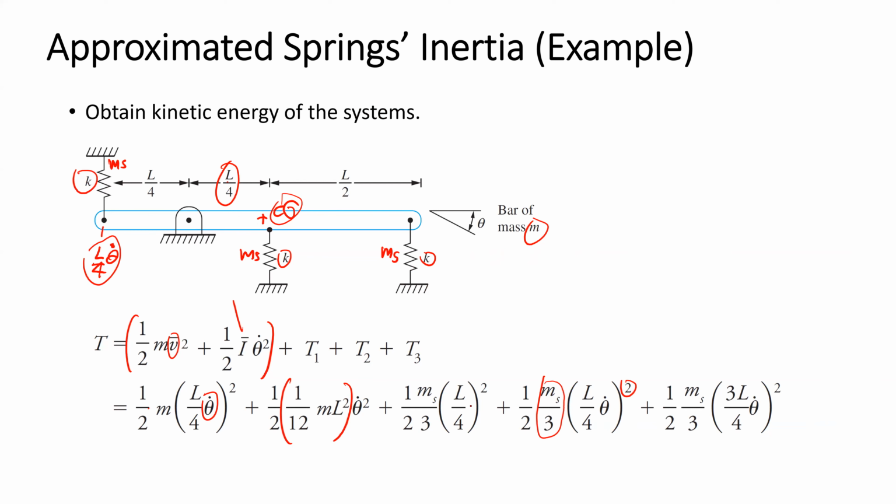This one also has L per 4 theta dot. For here, we have 3 per 4 L, so the velocity here is going to be 3L per 4 theta dot. So the total kinetic energy will be formed like this.